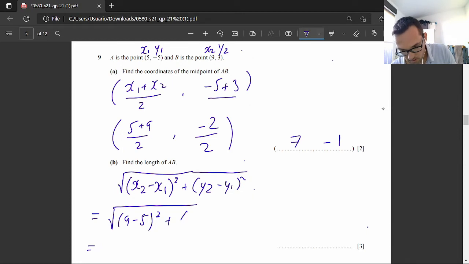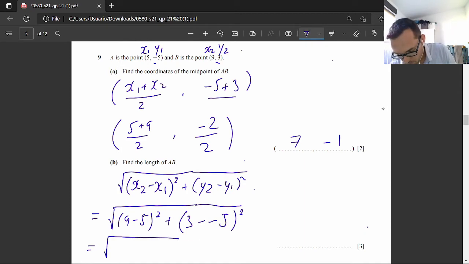So in this case, it will be 3. And this is where a lot of mistakes come in. We're subtracting, but the y1 value is negative 5. Okay, two negatives makes a positive, which means we're adding. So 9 minus 5 is 4 squared plus 8 squared.